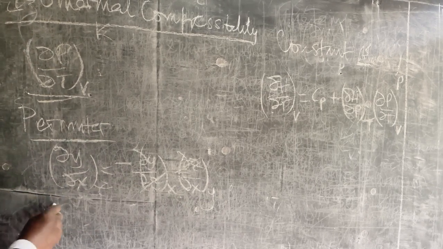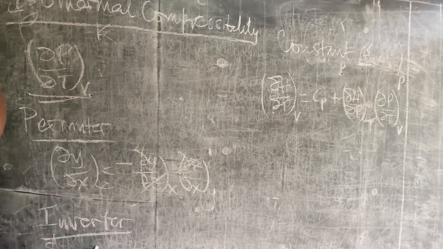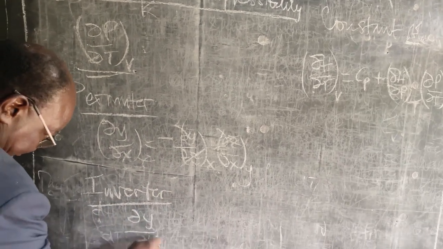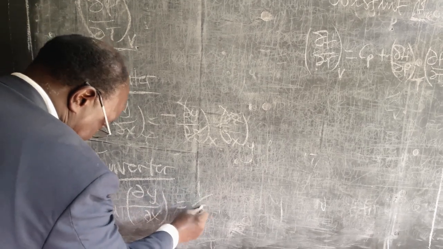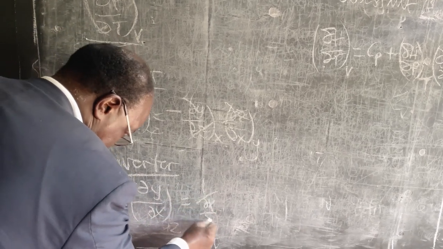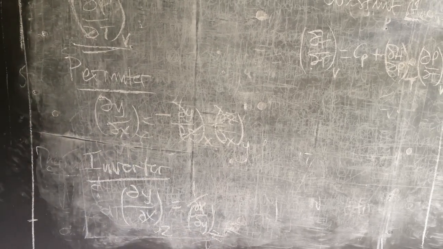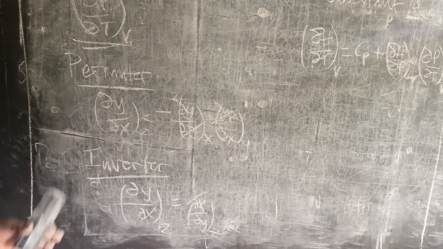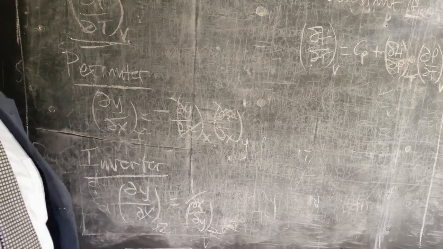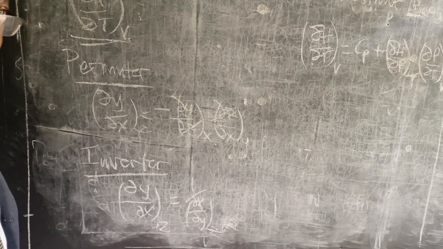And the other identity which we'll use is the inverter, where if you have (∂y/∂x) at constant z, it is inverted, it becomes (∂x/∂y) at constant z. These are two important mathematical operators for you which are used in breaking down partial derivatives so that you get meaningful quantities from those partial derivatives.